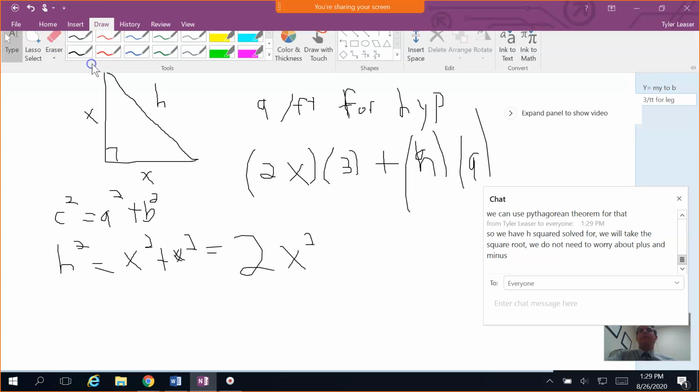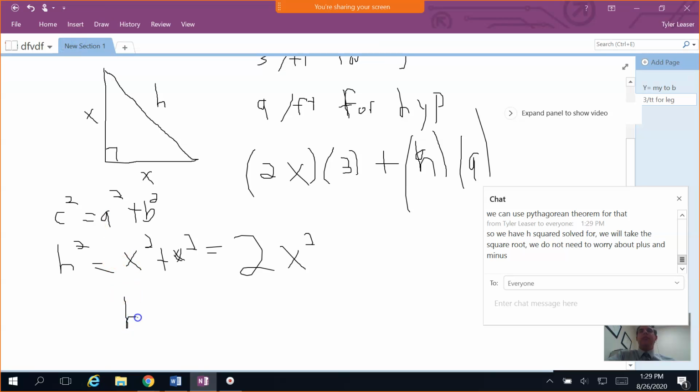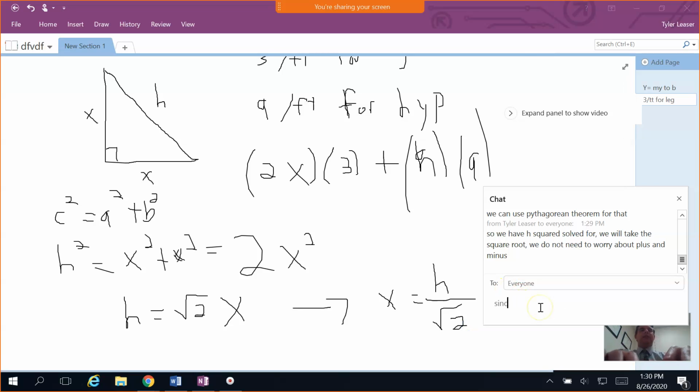So h is the square root of 2 times the square root of x squared, which is just x. Now by dividing the root 2 over, we get x is h over root 2. Since we only want h's, we solve for x by dividing over the square root of 2.